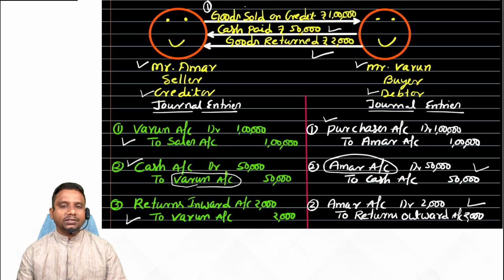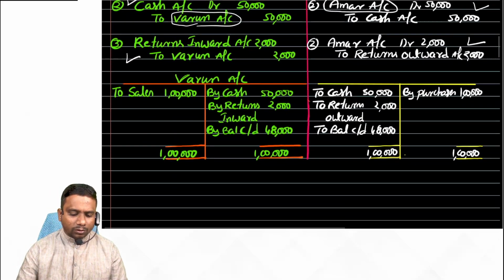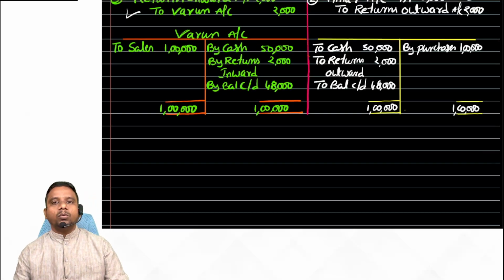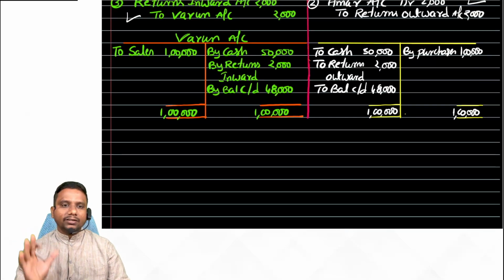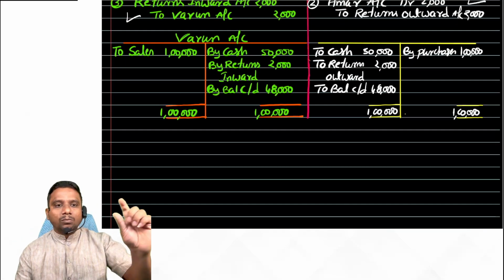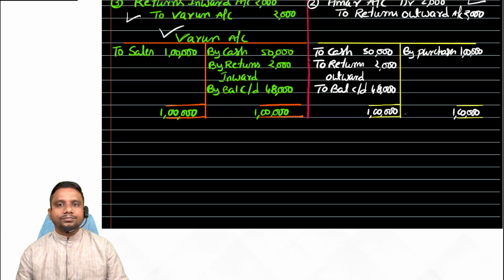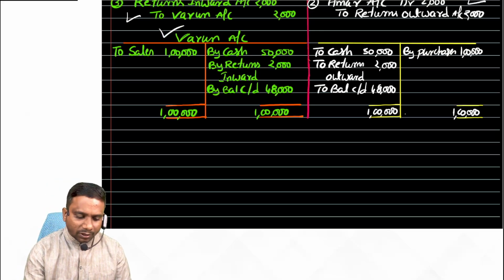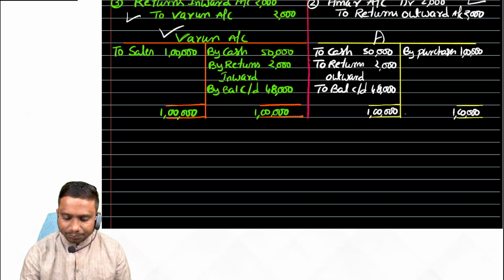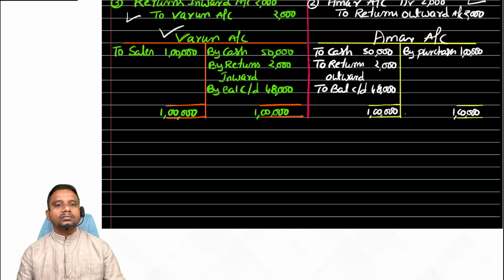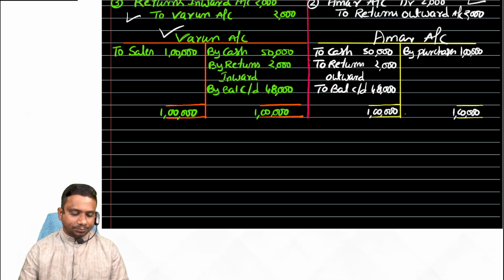Do remember, students. Now, both the people will prepare ledger accounts. Observe carefully. Amar prepares Varun account. Varun prepares Amar account. Is it clear? Now look at this.